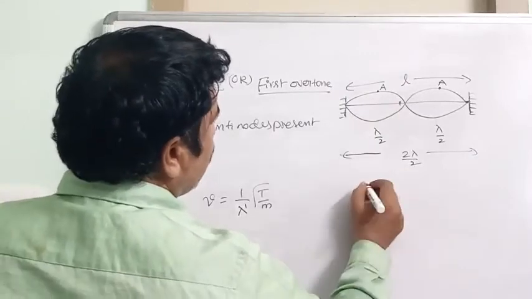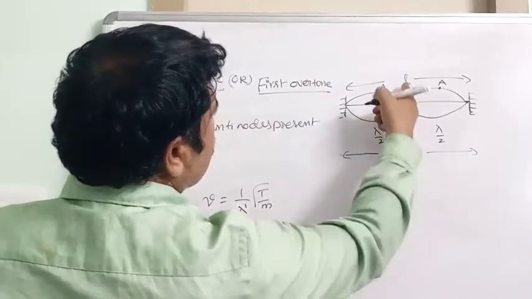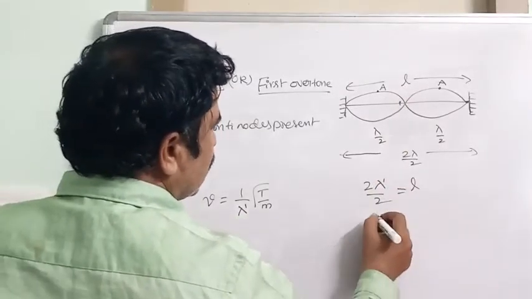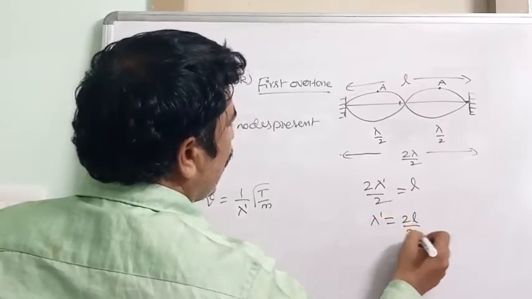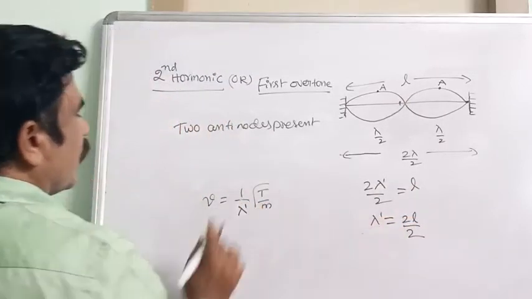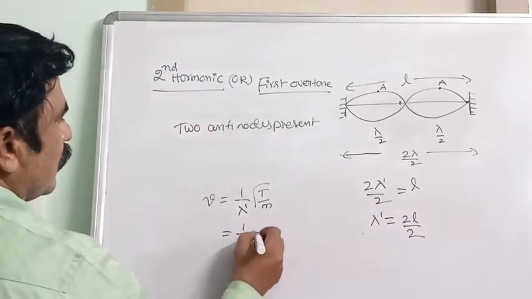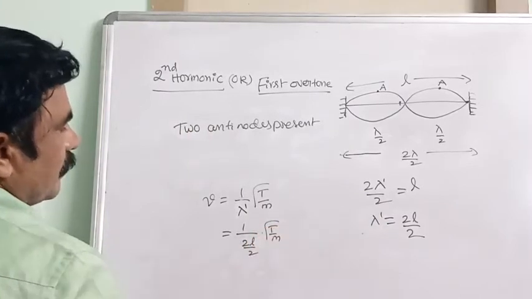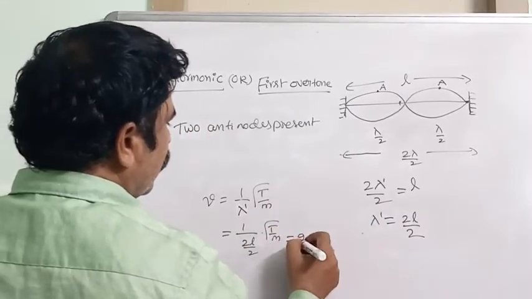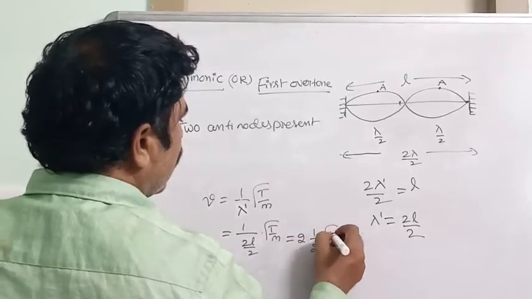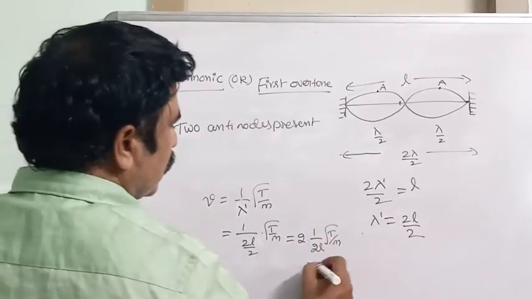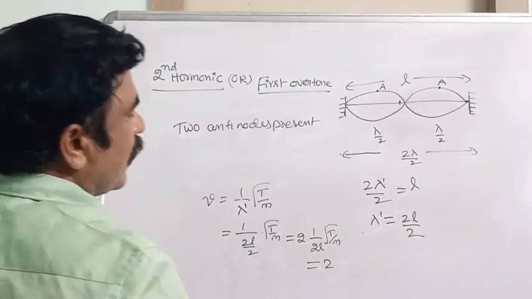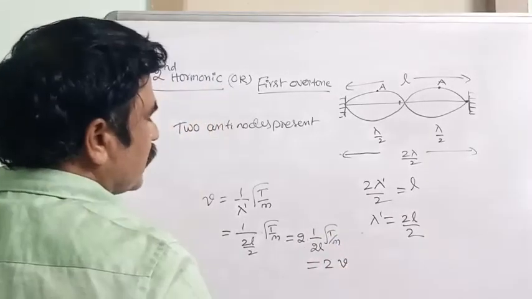Here 2 lambda dash by 2 equals the length of the wire, so lambda dash equals 2L by 2, that is L. Substitute in place of lambda dash: 1 by (2L by 2) into root T by M, which is 2 times 1 by 2L root T by M, and that is 2 times the fundamental frequency nu.